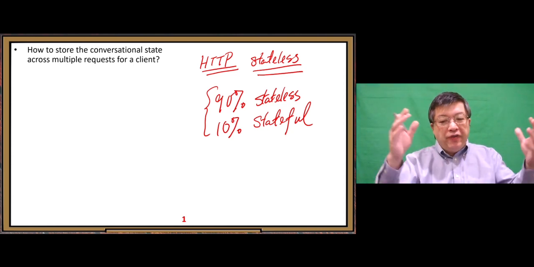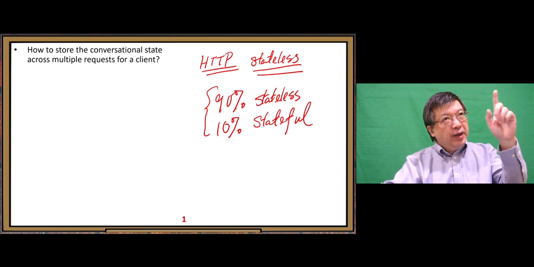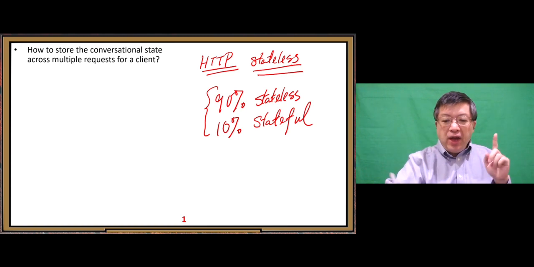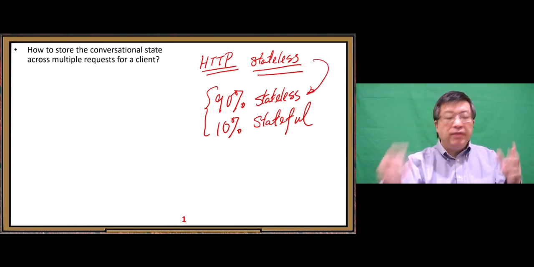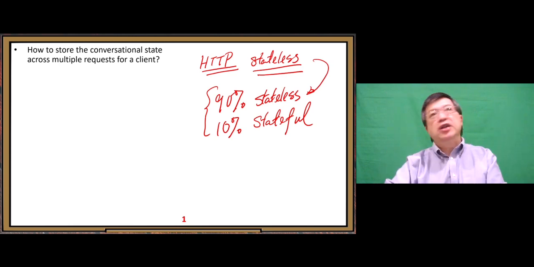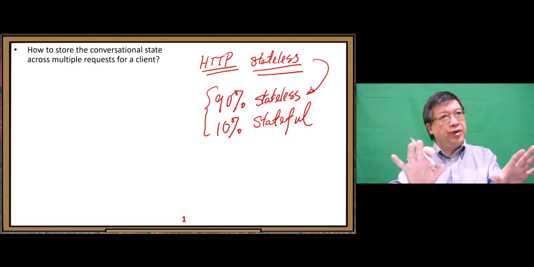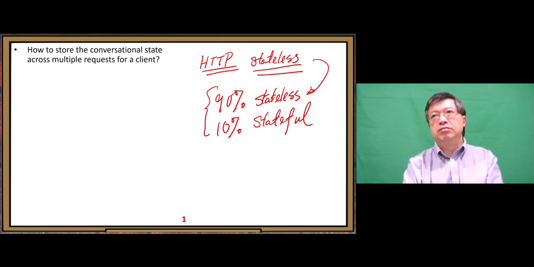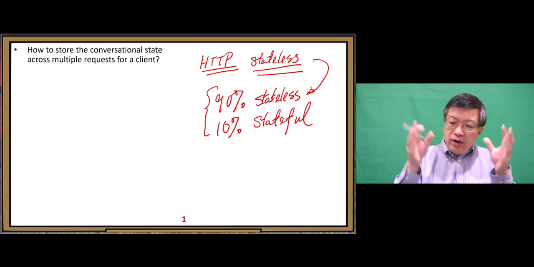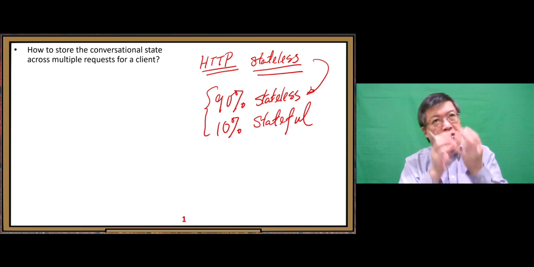All right. So for that reason, if you make the HTTP protocol stateless, then it is more efficient. Less resource by default, so do not use extra resource. Use the minimum resource to do the communication. But only for very small portion, approximately 10%.